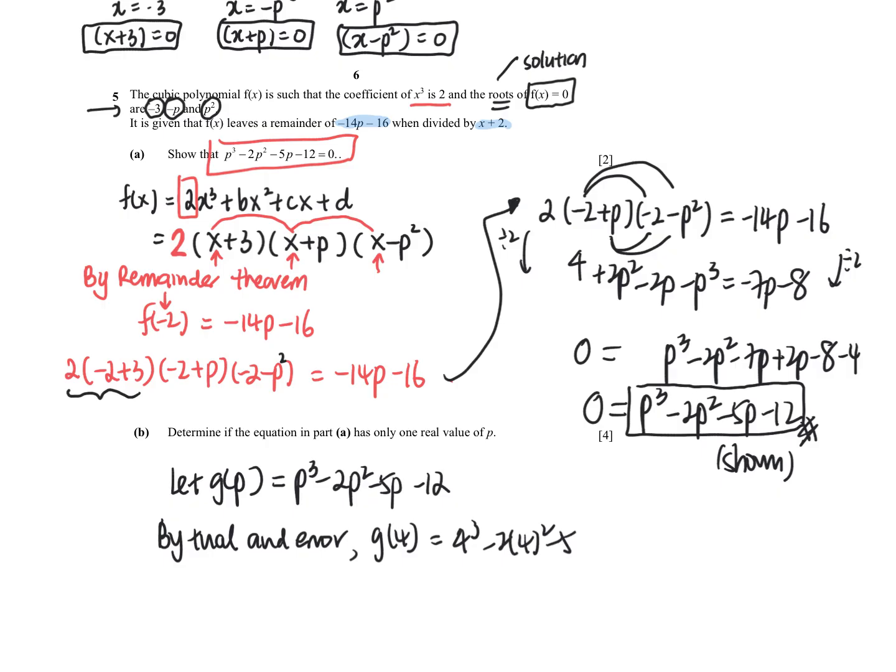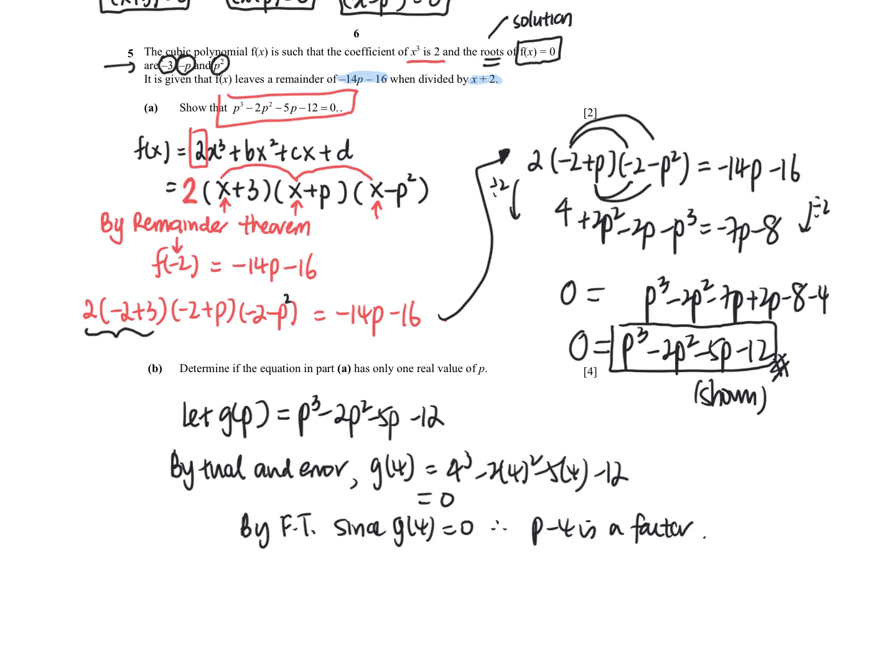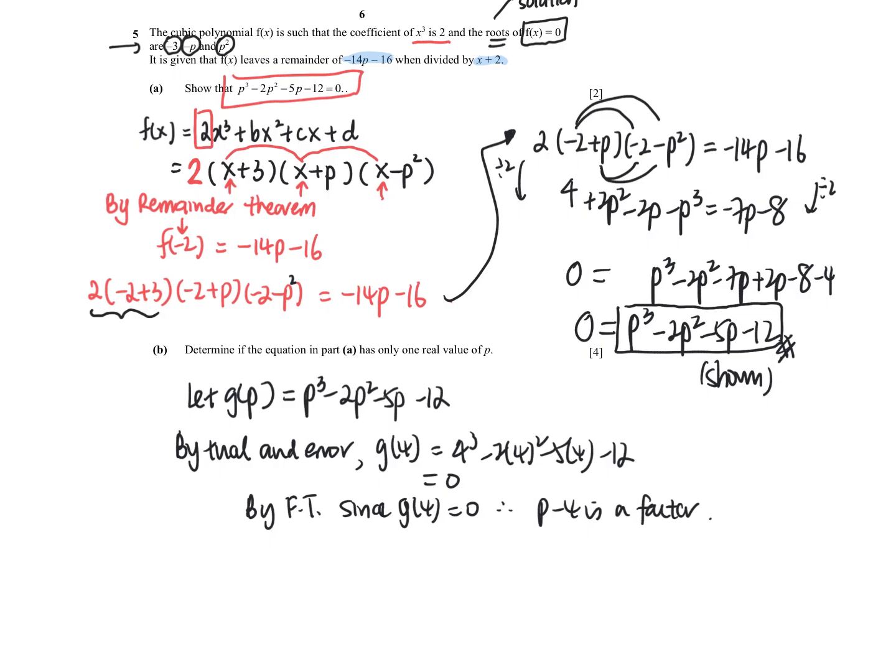Okay, you all have done this already. So 0, then by the factor theorem, since G of 4 is 0, therefore p minus 4 is a factor. Once you show that it's a factor, then you can go and do long division, or synthetic division.